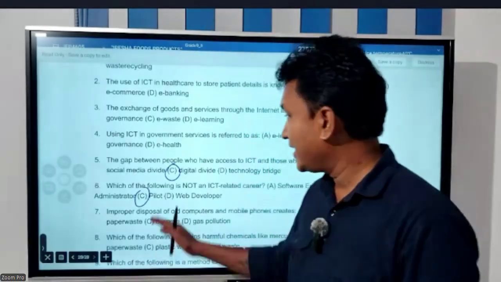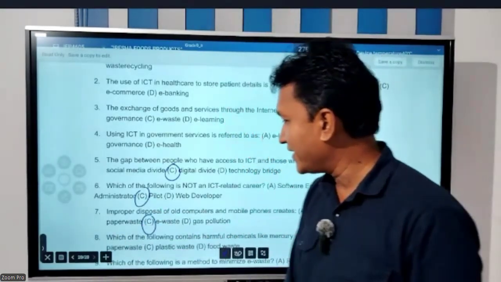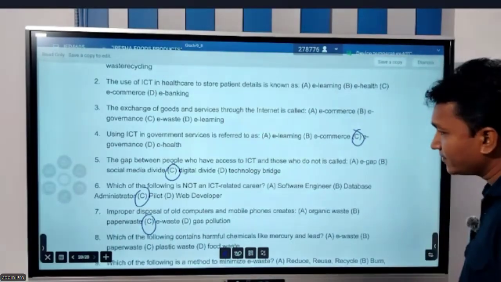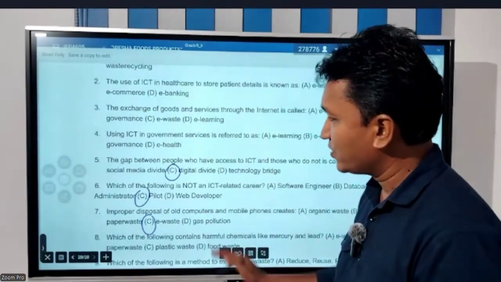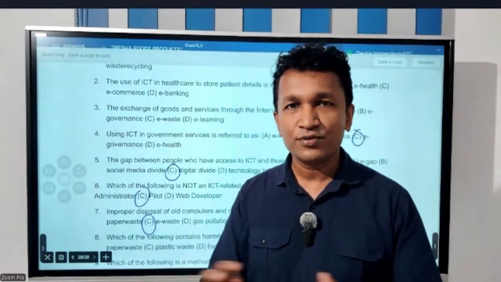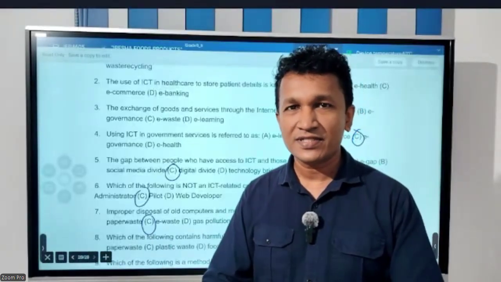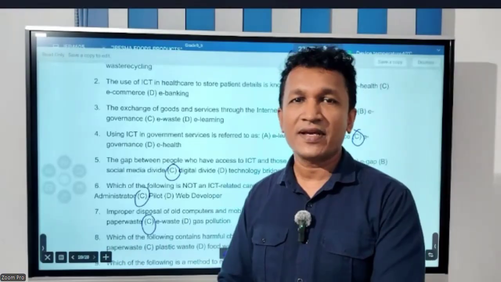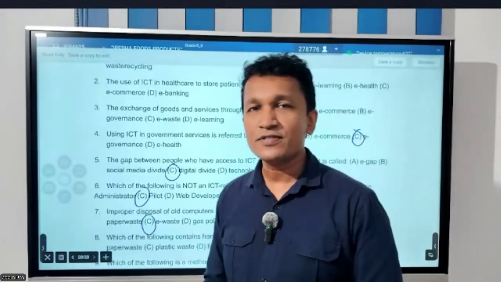That is e-waste, electronic waste. So electronic waste is a big problem to society and to the environment because there are harmful chemicals in that waste, right? So we discuss those things.